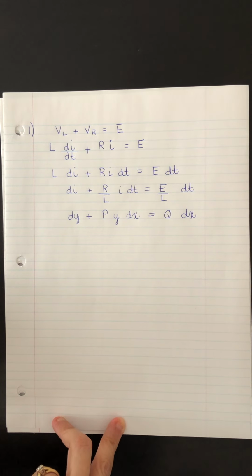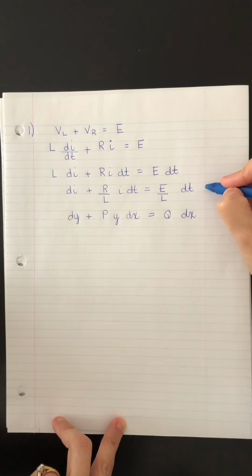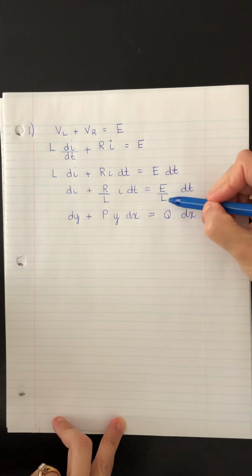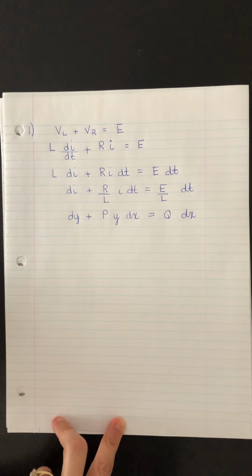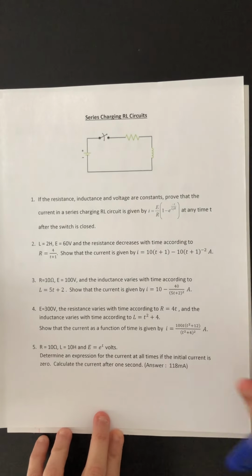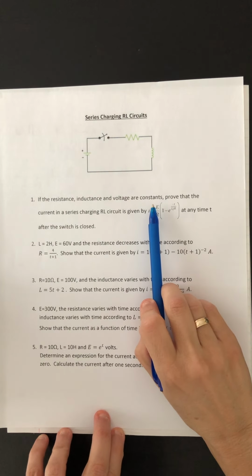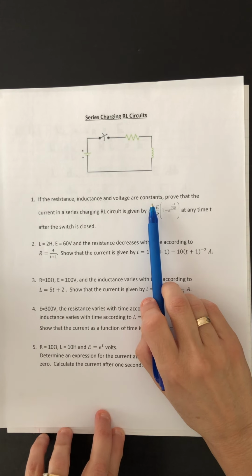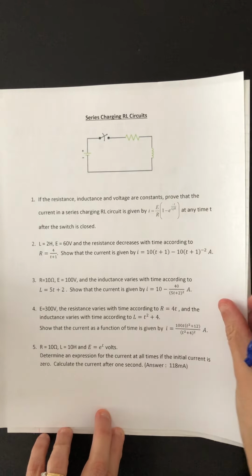But the other thing we can see when looking at our equation is that E over L is a constant. When they say that they are constants, it means they're just numeric, just numbers, like maybe 20 volts, maybe 1 henry, 2 ohms.